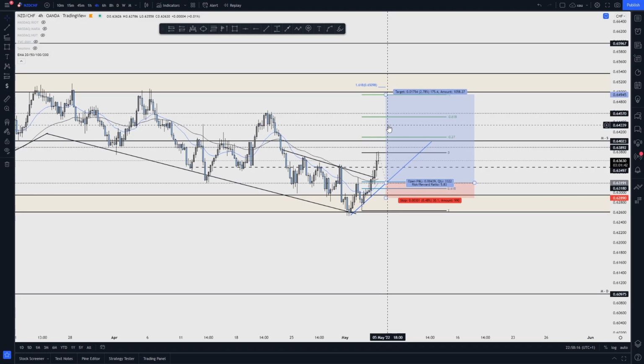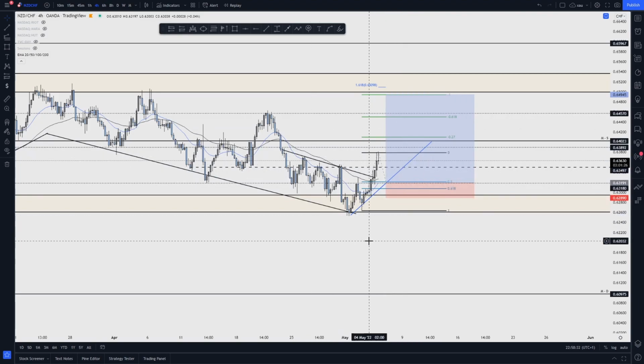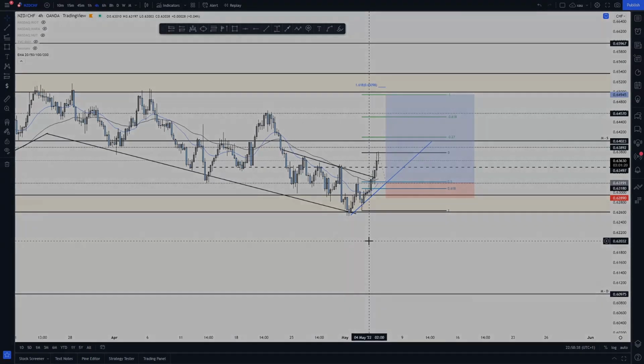So again, that's a lovely little risk to reward. Pretty reasonable pip size, 175 pips. It's not unlikely. The stop loss is a reasonable size. Yeah, and again, this just seems to be a very nice trade, very simple, nice confluences.